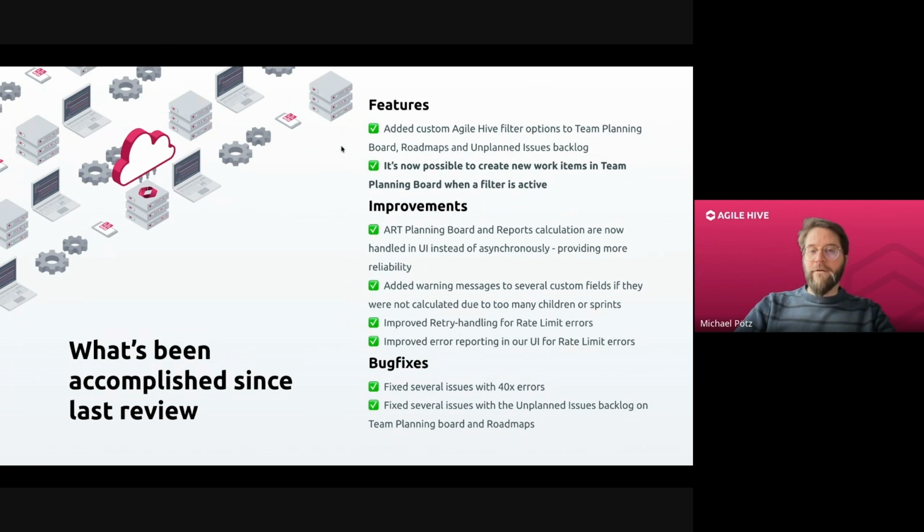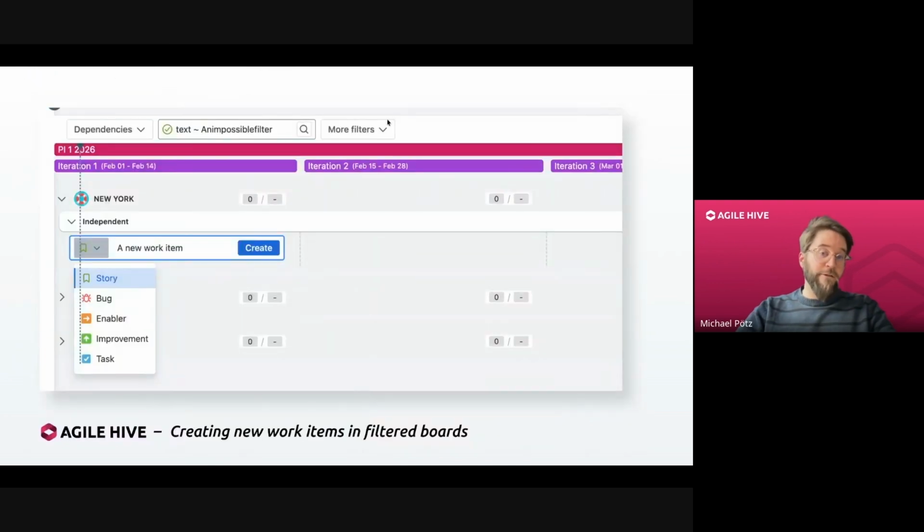Then a second improvement, or small feature, in Agile Hive on the team planning board. When you had a filter active, for example, in the text JQL filter here, or via our just presented extended filters dialog, it was not possible to create new work items when this filter was active.